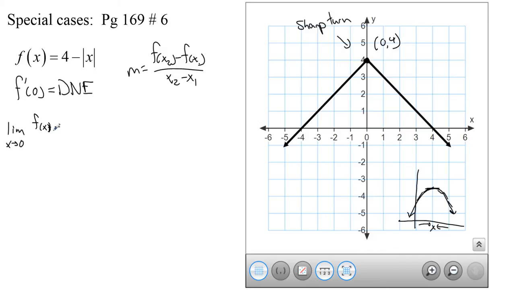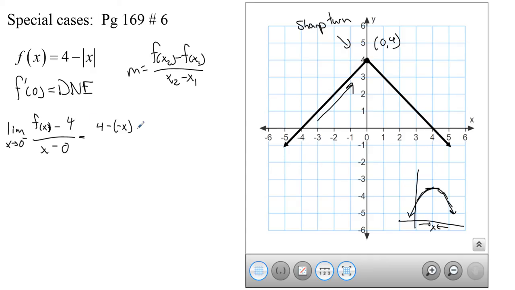It's going to be f of x minus, well, I know that my point here is 4 over x minus x2. That's my point, 0. So f of x is going to be, as I'm coming in from the left-hand side, that function is this line right here. And so it is really the negative portion of this absolute value, which would be 4 minus negative x.